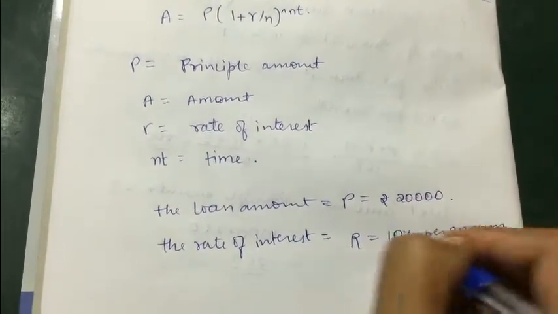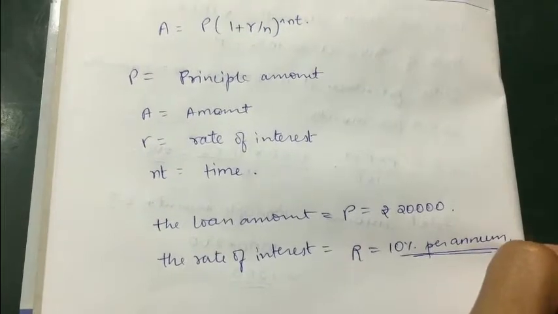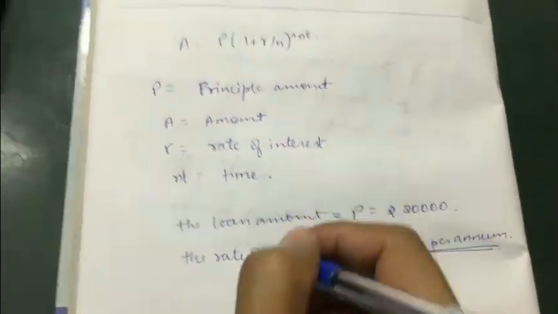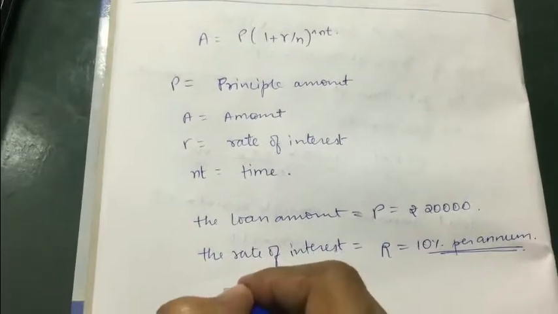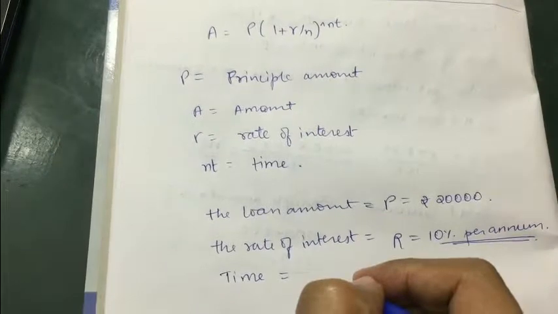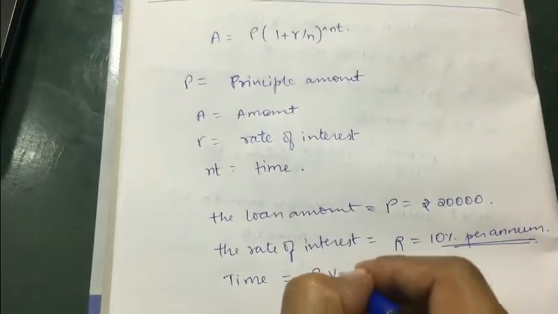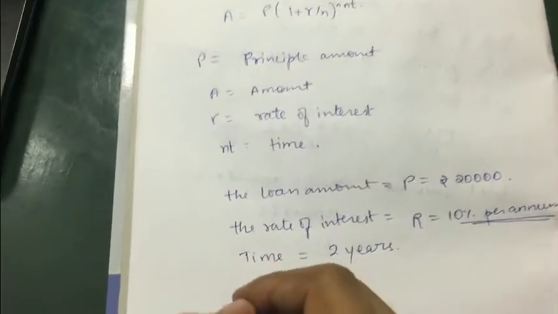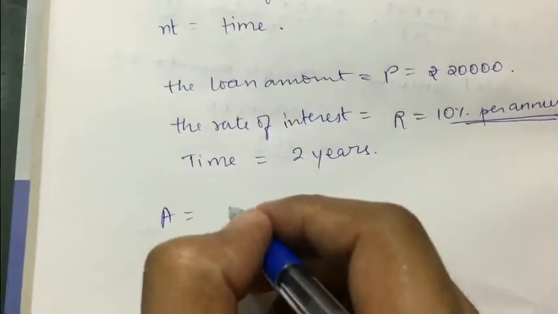You have to keep this in mind. Sometimes it is given in months, so you have to convert everything into months, then you have to solve the problems. So the time here is 2 years.